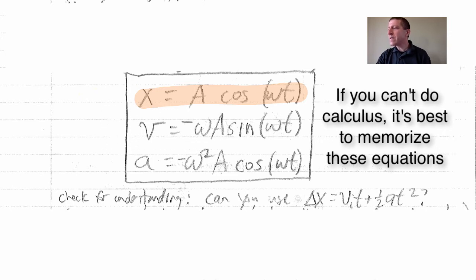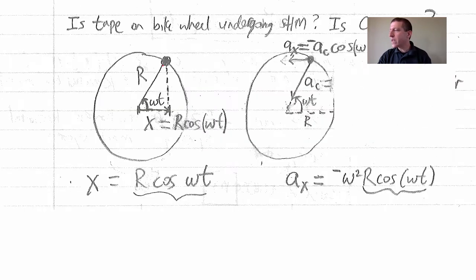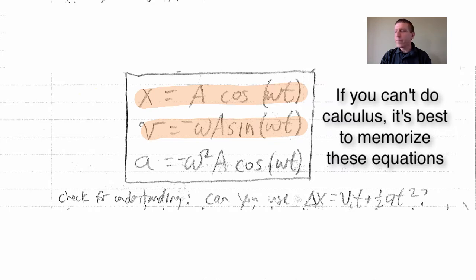So the velocity function is as simple as negative omega A sine omega t. If you don't know how to derive this, unfortunately, you have to memorize it. Now, you could actually just use this whole setup right here and rederive it. You can prove that the velocity is negative omega times A times sine of omega t using this, but it's way easier with calculus. So you can derive that.